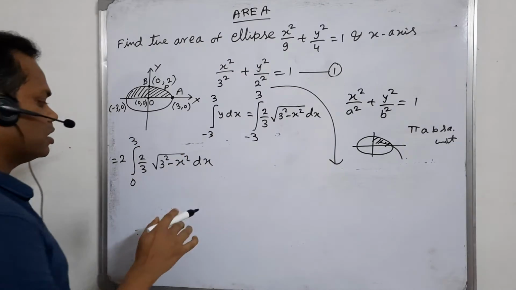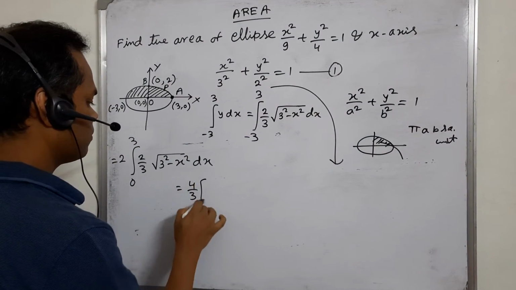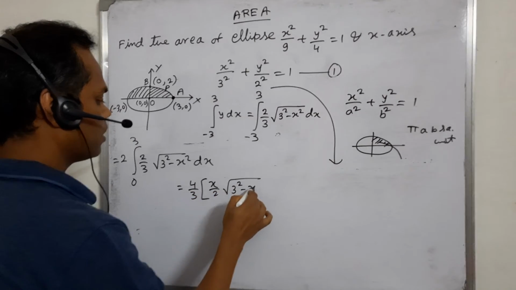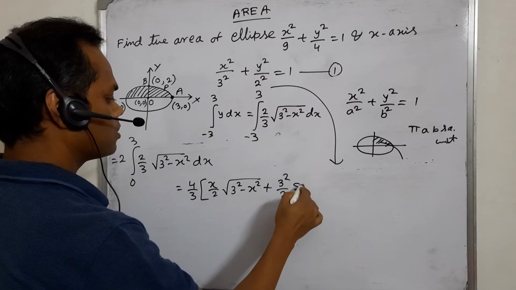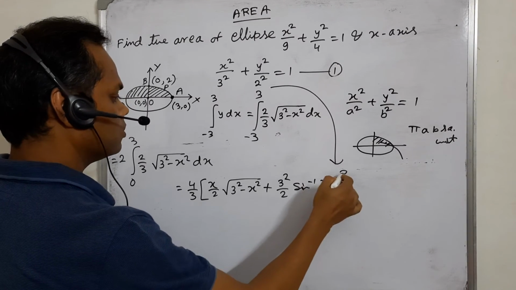By using the same formula, this equals 4 by 3 times x by 2 root over 3 square minus x square plus a square by 2 sin inverse x by 3 in the interval 0 to 3.